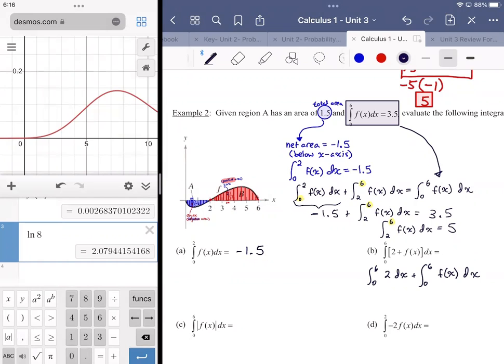Now, this piece is actually an ordinary function, as in something that we could determine its value without having to go to the diagram. Right? We can do it on Desmos if we want. I'll show you a different way in a sec, but the other part is just 3.5 because that was given. That's kind of nice, right?